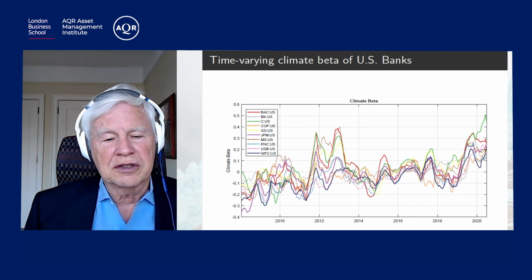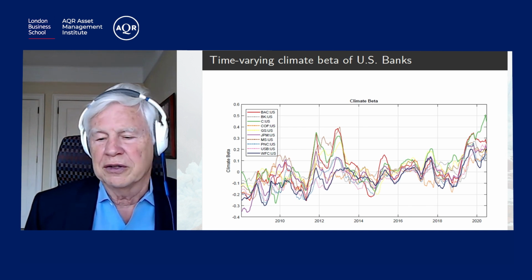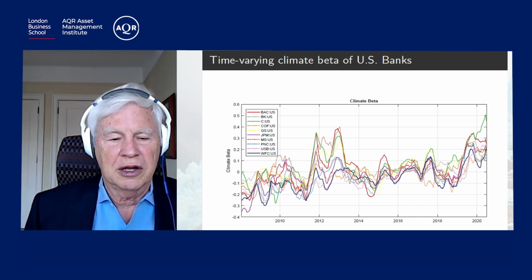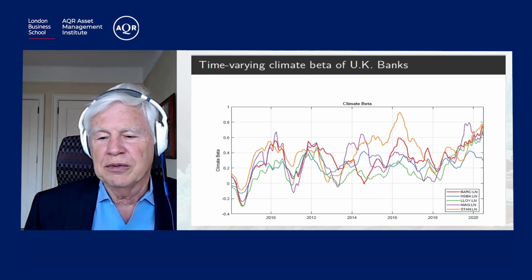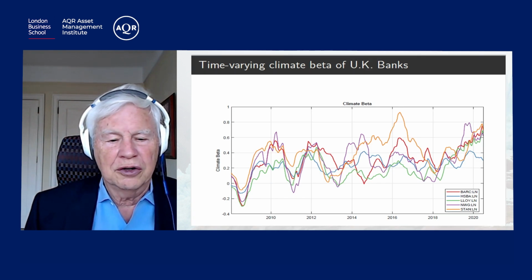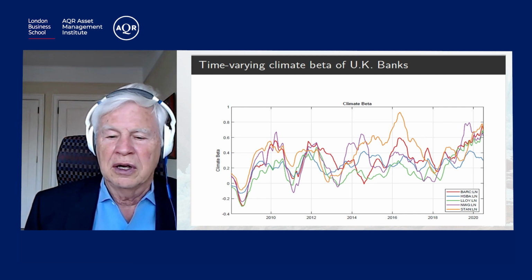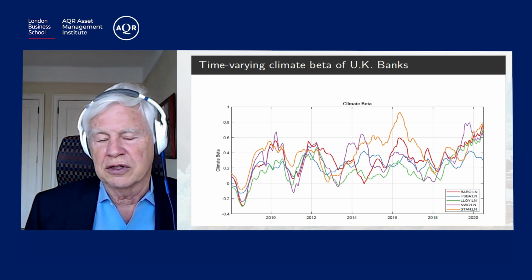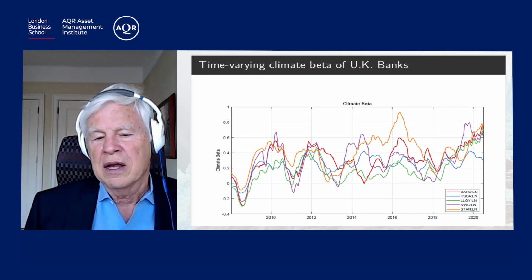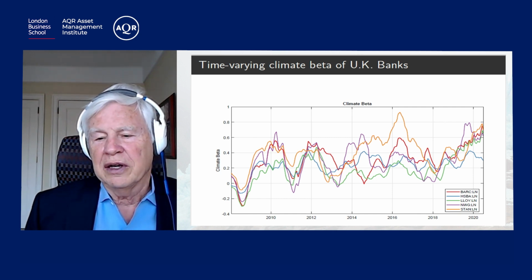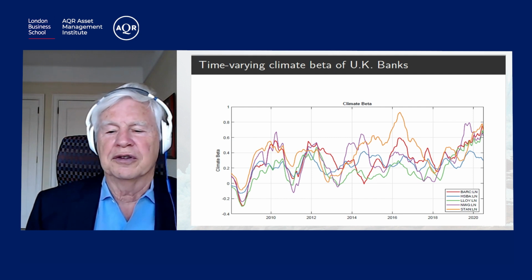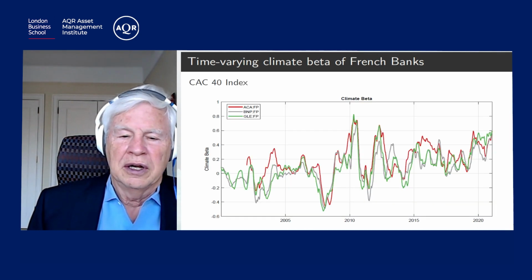So this is kind of consistent with the performance metrics that we were talking about for the climate factor. If you look at the same thing for UK banks, you see 0 is down here, so they're actually positive pretty much for this whole period since the financial crisis. But they also have this pretty consistent rise toward the end.